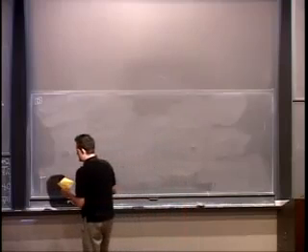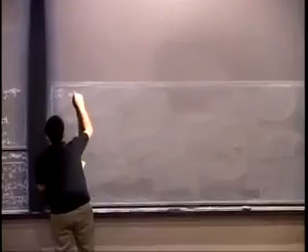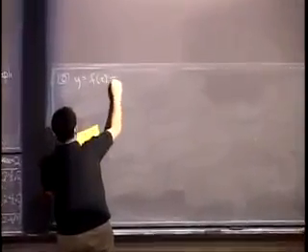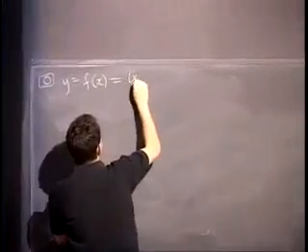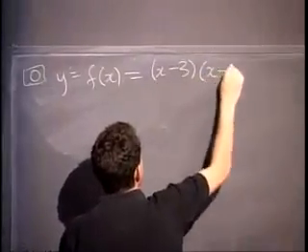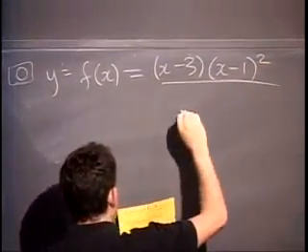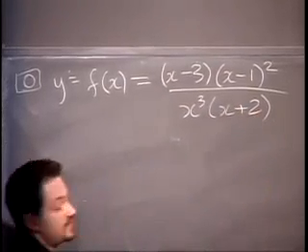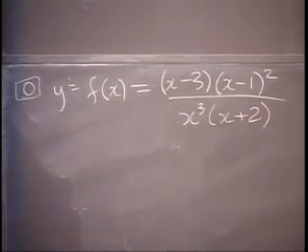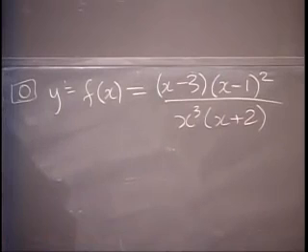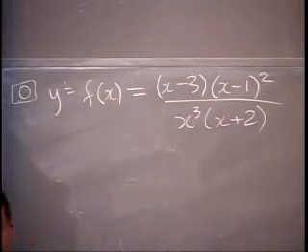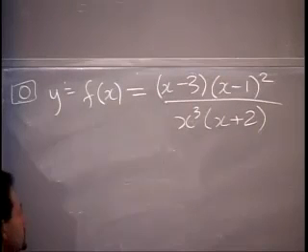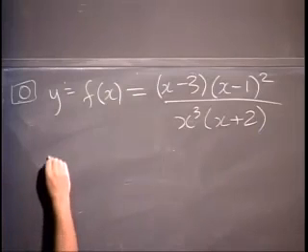It's just the one that we looked at before when we drew up the table of signs. y equals f of x is equal to (x minus 3)(x minus 1) all squared over x cubed times (x plus 2). That was the first example that I looked at for table of signs, but I just want to start you off. Again, I'm not going to do the last 4 steps here, which, as I say, I'm wimping out, but let's see how the first few steps look.